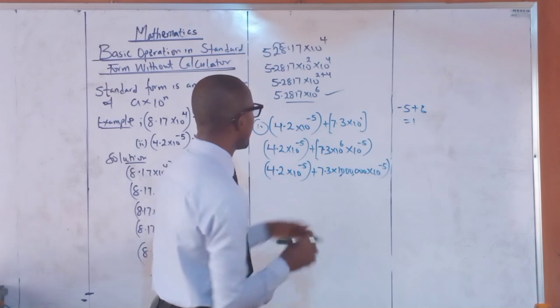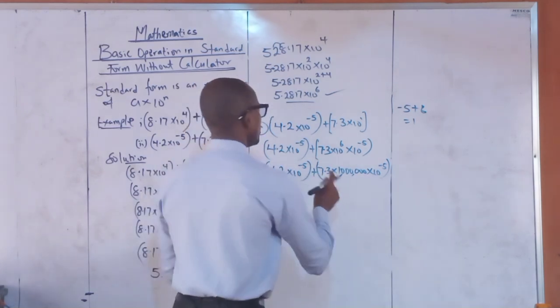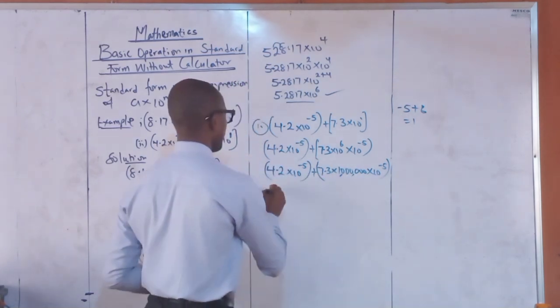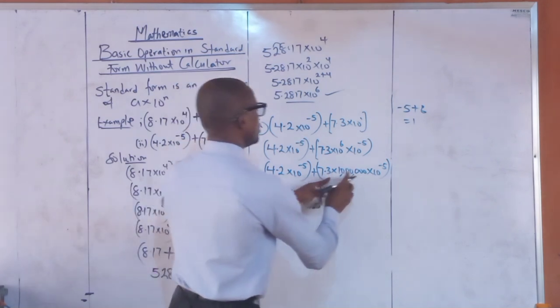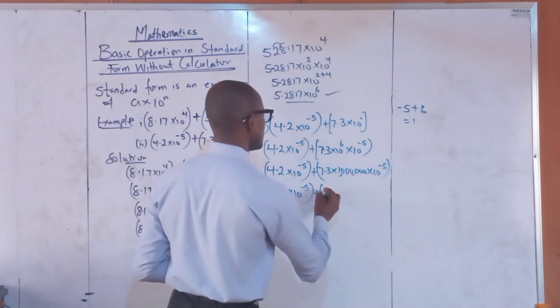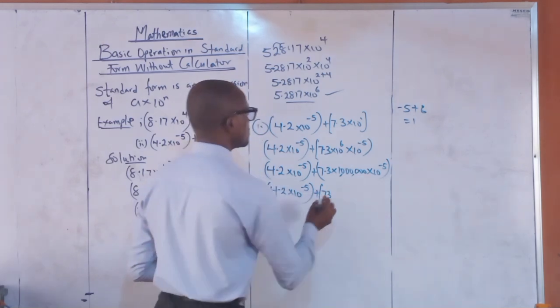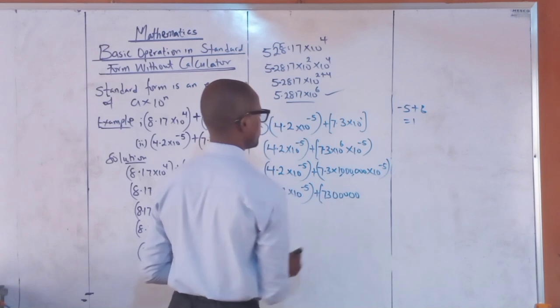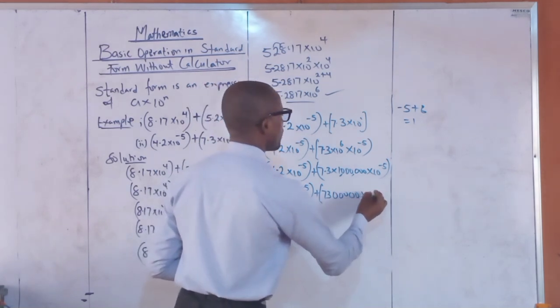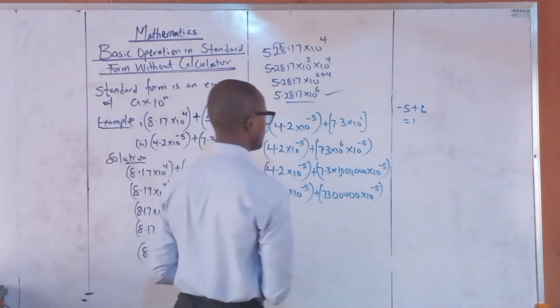Now, from there, you can multiply. We have 4.2 times 10 raised to the power minus 5 plus 73,000,000 times 10 raised to the power minus 5.